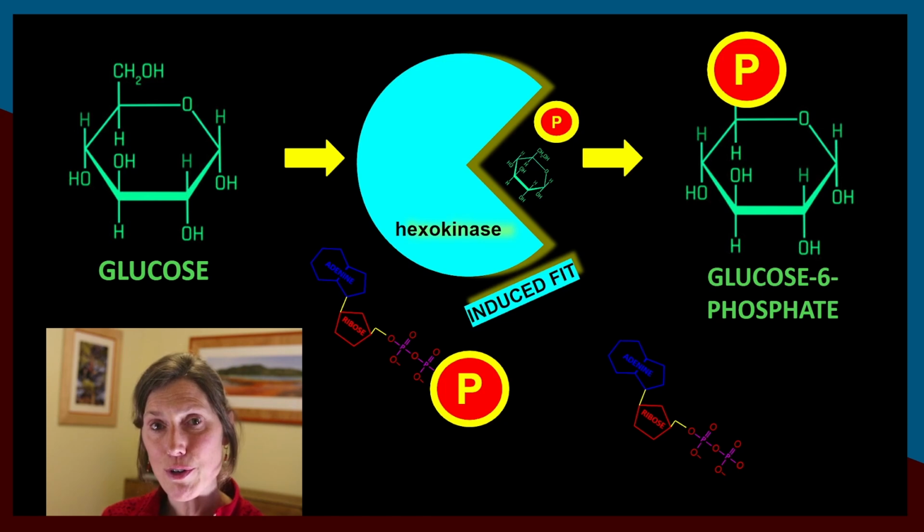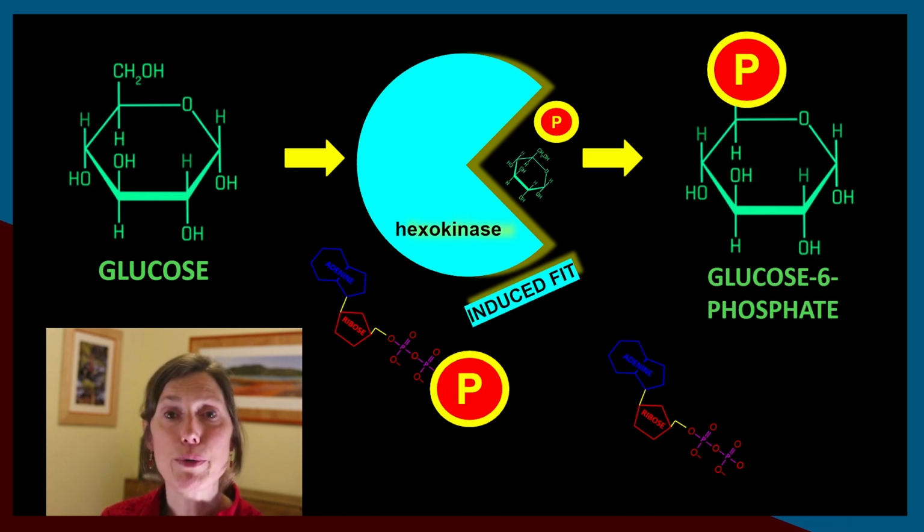And that conversion can happen because of an induced fit. When glucose sits in the reaction site of the enzyme, the enzyme somewhat changes its conformation to better fit that interaction, thereby promoting the production of glucose 6-phosphate.